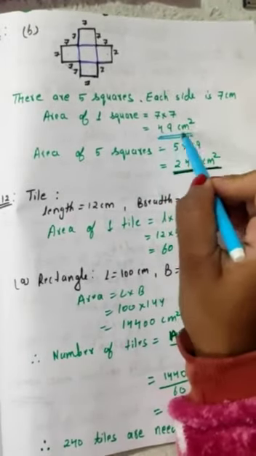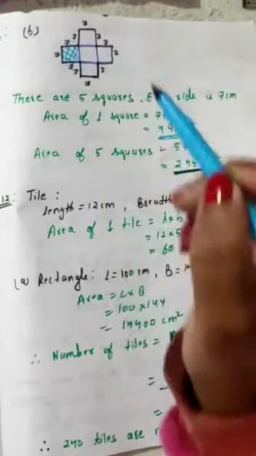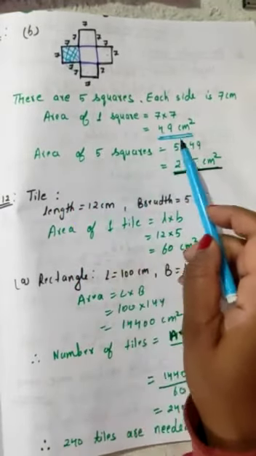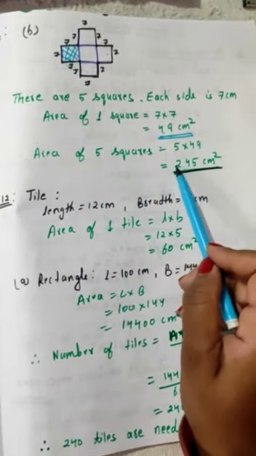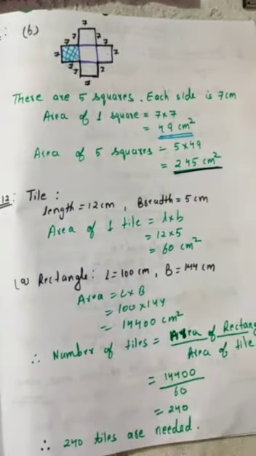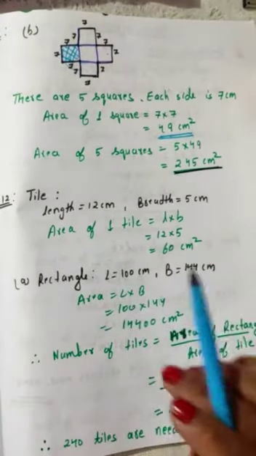So this is the area of one square. Okay, only one square का area कितना है? 49 है. So what will be the area of 5 squares? Area of 5 squares will be 5 into 49, which is 245. So 245 centimeter square. Okay, so this way you have to do the remaining one part of this question also.